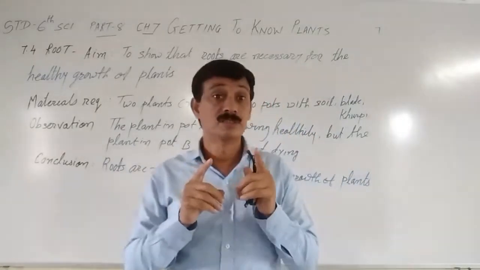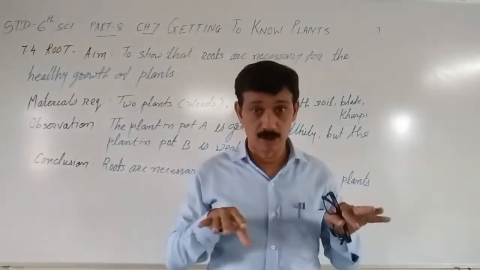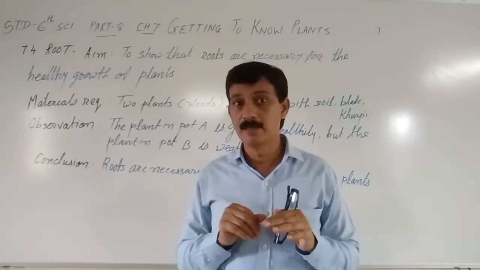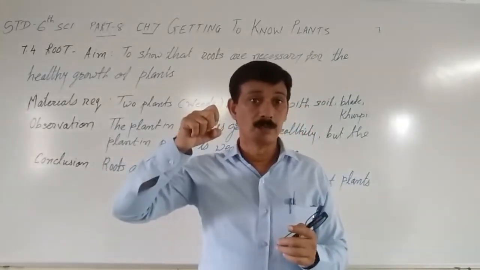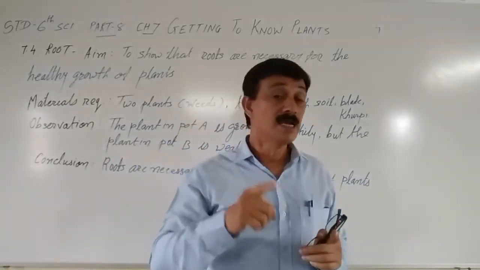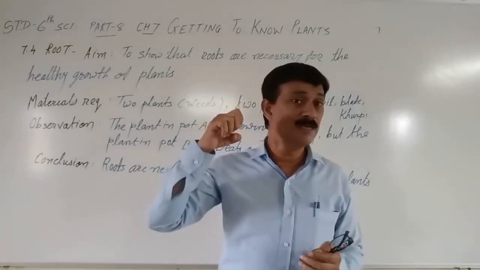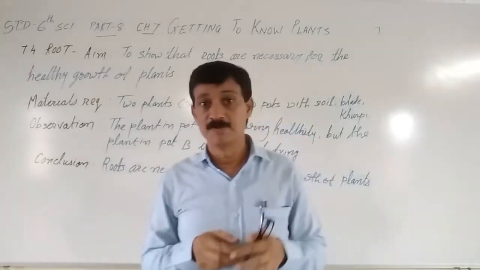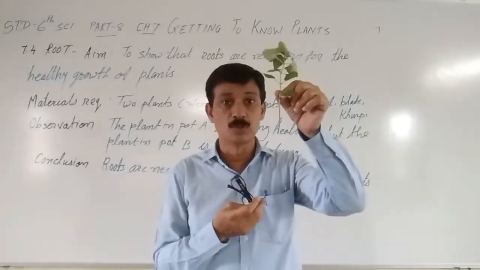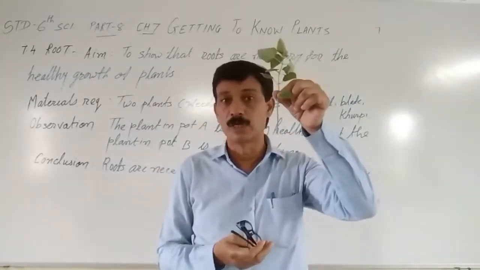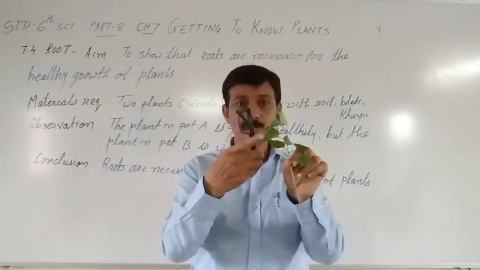Without water, see, in pot B there was a plant without root. That is why the stem cannot absorb the water. It is not a function of the stem, it is a function of the root. That is why only the root will absorb water. This stem will not absorb water, as there is no root, and hence the water will not reach the leaves.